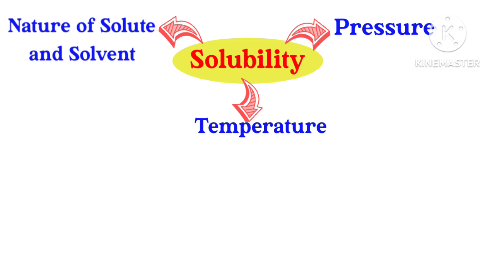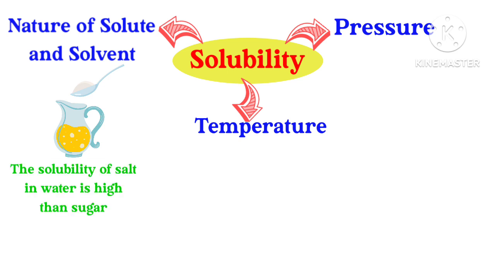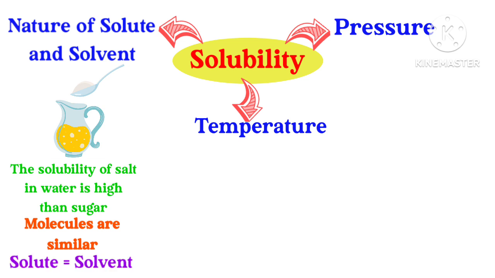For instance, the solubility of salt in water at 30 degrees centigrade would be higher than the solubility of sugar. It is because when the molecules of solute are similar in structure and properties to the molecules of solvent, solubility is usually high.